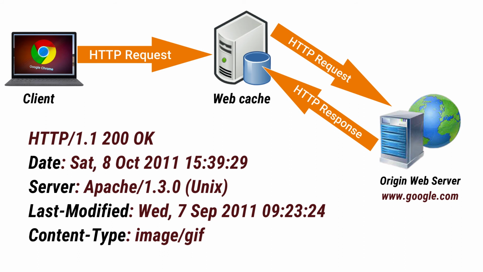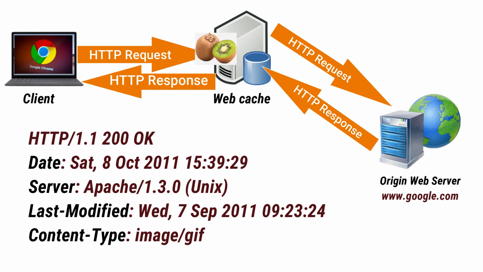So it is an image file with the extension GIF. The cache forwards the object to the requesting browser but also stores the object locally. Importantly, the cache also stores the last modified date along with the object.